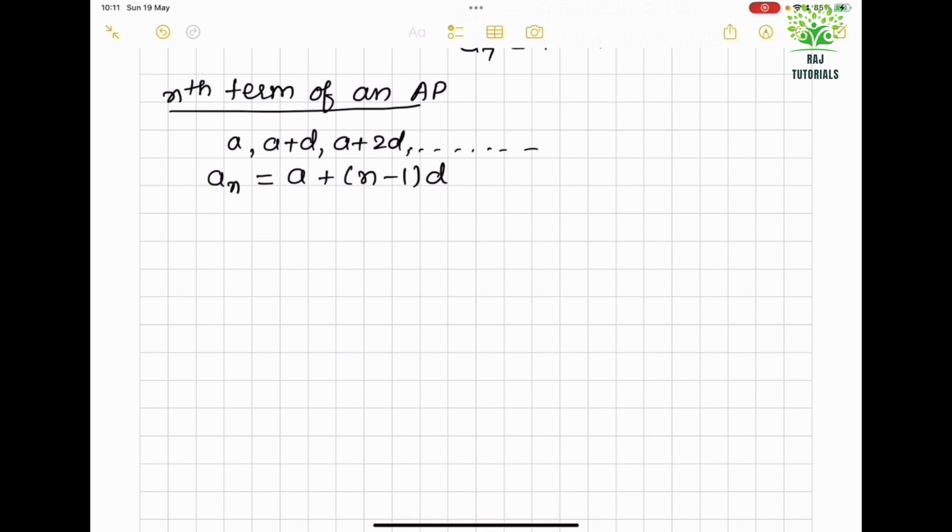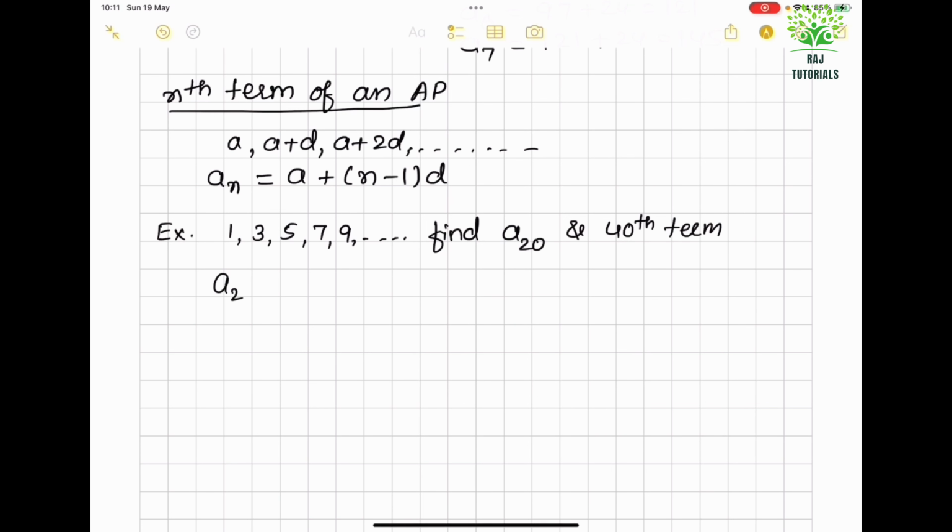Now let us see one example. Let us take again the same one which we had taken: 1, 3, 5, 7, 9, like that it was. Now suppose he says, okay, find the 20th and 40th term.